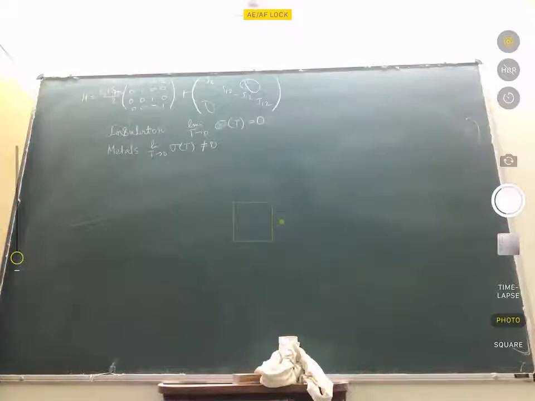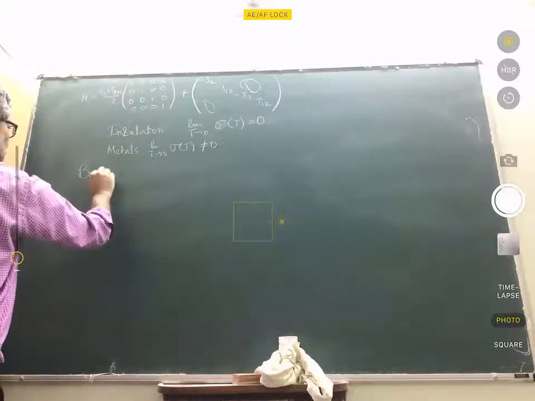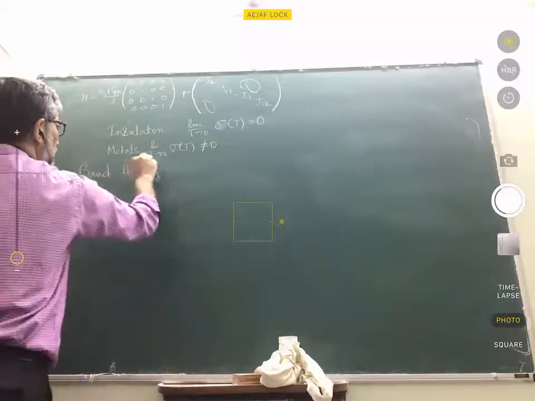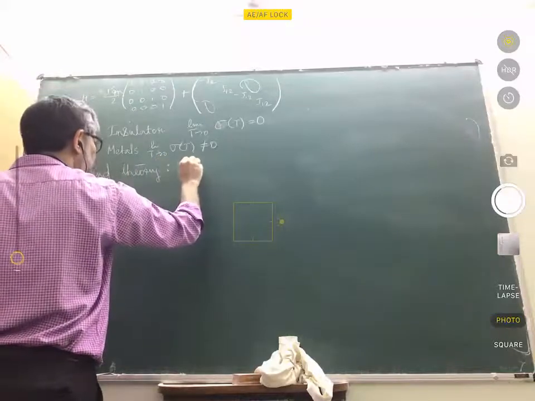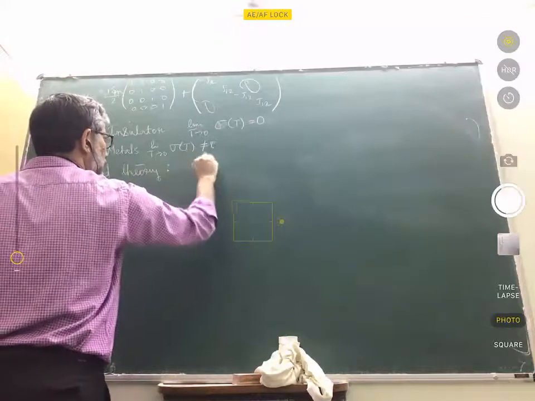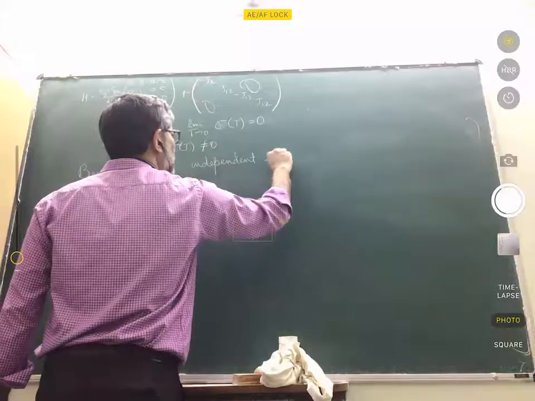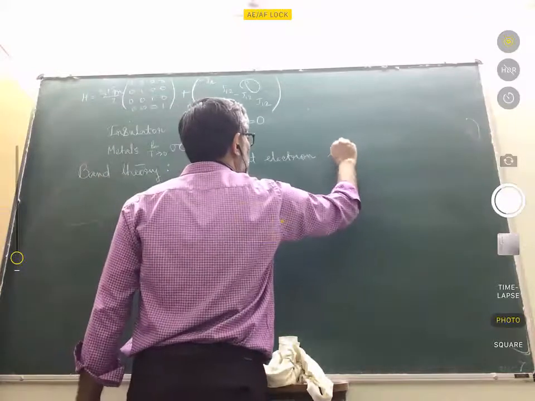So if we go back to band theory, what is band theory? Band theory basically tells you what the effective one-electron states are when electrons are moving in the periodic potential. So band theory, no matter how those bands are calculated, is essentially an independent electron theory or picture.